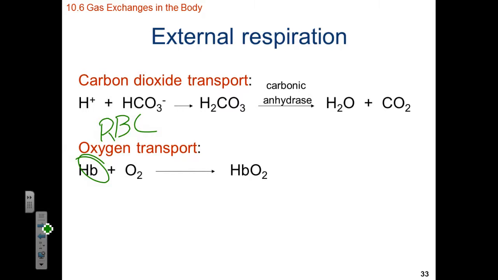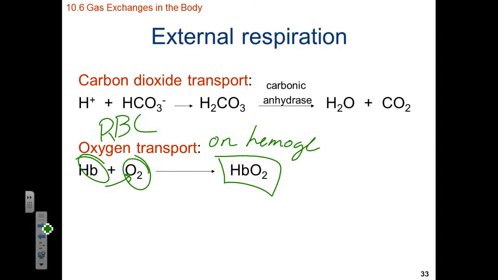Each hemoglobin can attach to 4 separate oxygen or O2 molecules. And as hemoglobin binds to oxygen, we call it HbO2. So we move oxygen on the hemoglobin within the red blood cells.